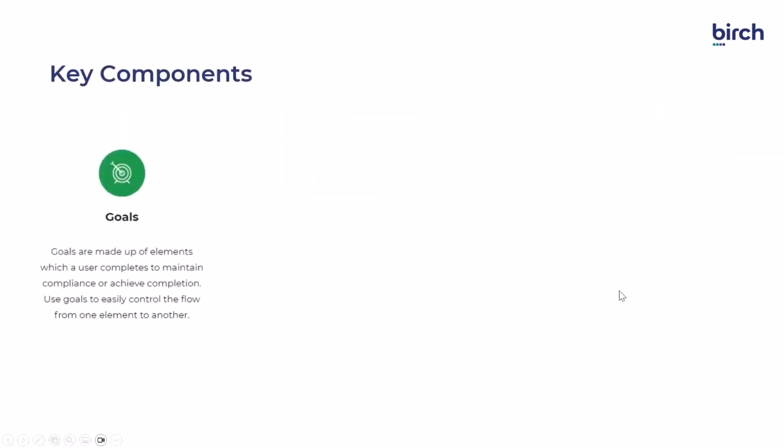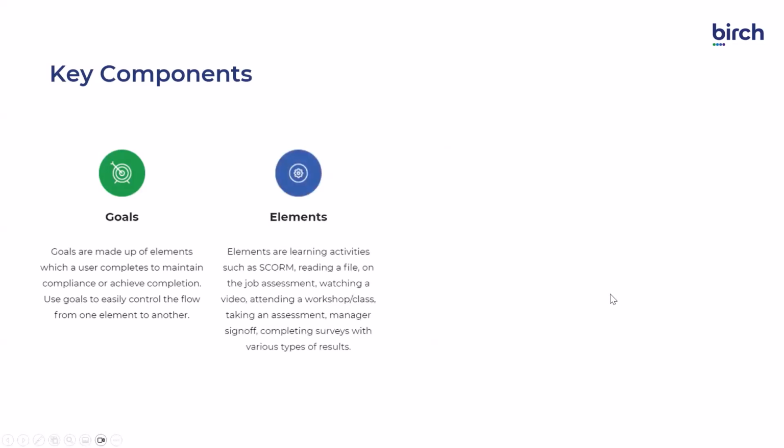So there are 4 key components in Birch that make it easy to administer all of your learning. There are learning paths, which we create as goals, and the goals are made up of elements. The elements are types of learning activities, for example, e-learning content, on-the-job assessment, or an event such as a workshop or a webinar.